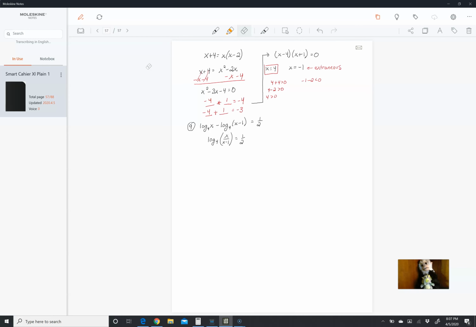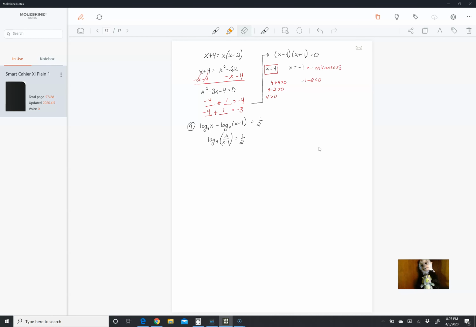And this is an example where you're either going to convert it to exponential because we have a number on one side and a log on the other, or you're going to multiply both sides by log base 4 of 4. So let's do both, okay? I'll do one on this side over here, and then I'll do the other on this side over here, and when they wind up the same, we'll sort of meet in the middle, okay?